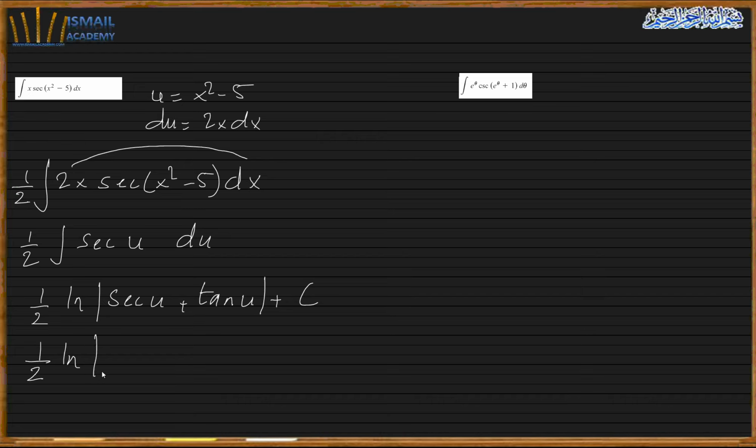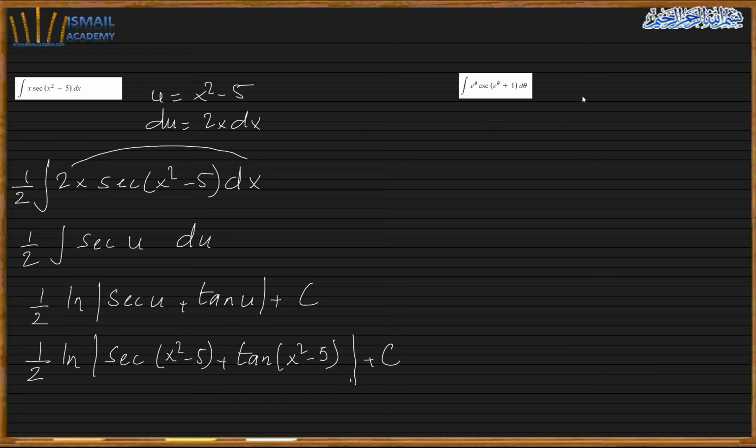So half ln absolute value of secant of (x squared minus 5) plus tangent of (x squared minus 5) plus c. So here I do the same thing here.